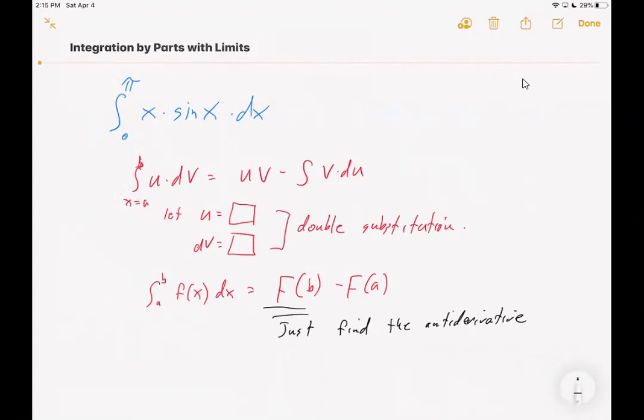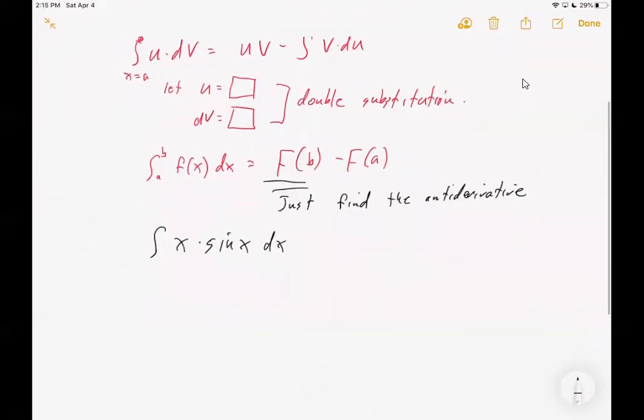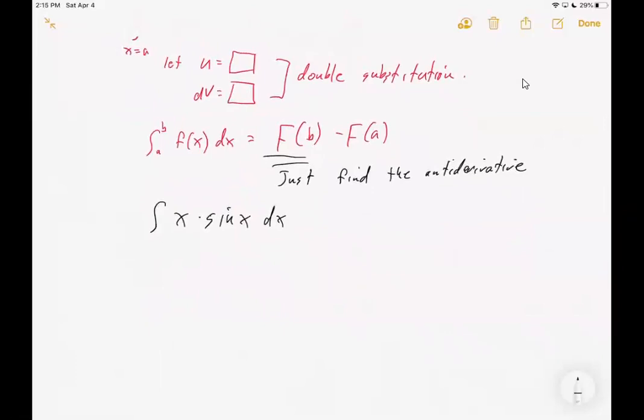Okay, so for instance, in this problem that we have, we already know the antiderivative of x sine x dx, we did this in a previous video. It's a classic example to do by parts. The antiderivative is negative x cosine of x plus sine of x plus c, if we want to have any antiderivative.